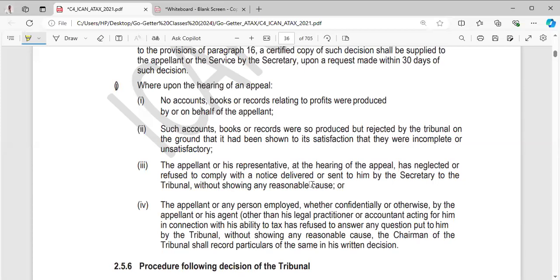The chairman of the tribunal shall record particulars of the same in his written decision.